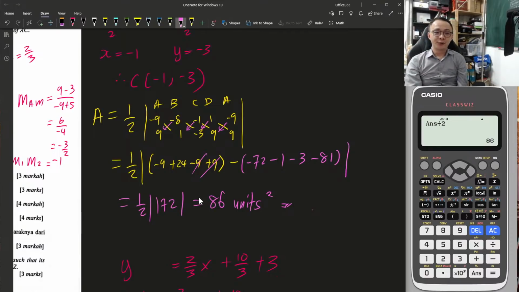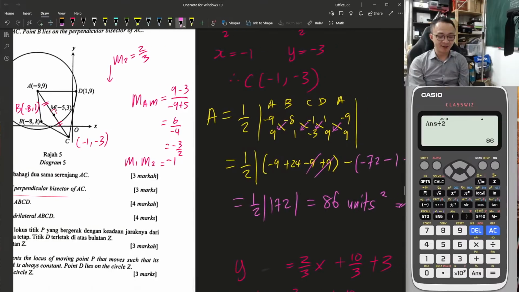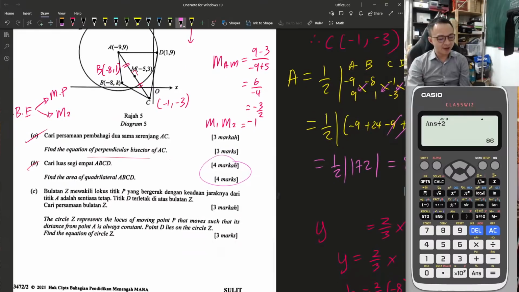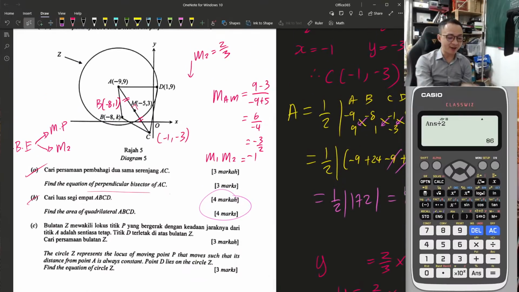Okay, so yeah, it's not too bad. As long as you don't make any carry mistake, this 4 mark question is actually quite okay. Then they tell us about the circle Z here. You do see a Z here, isn't it? The circle Z represents the locus of a moving point P such that its distance from A is always constant.